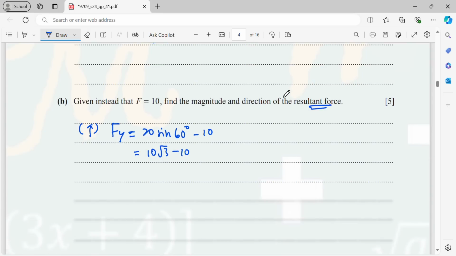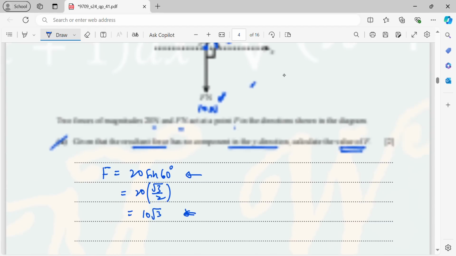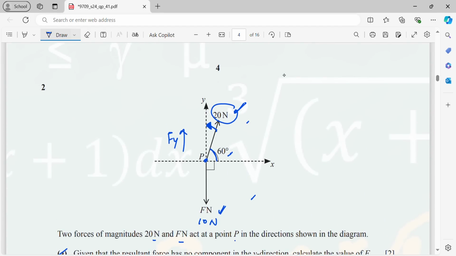Now, for my horizontal force, I consider pointing to the right as positive, and I label this force as Fx. When you refer to the diagram, I only have one horizontal force, which is when you resolve this 20 to the x-axis using 60 degrees.